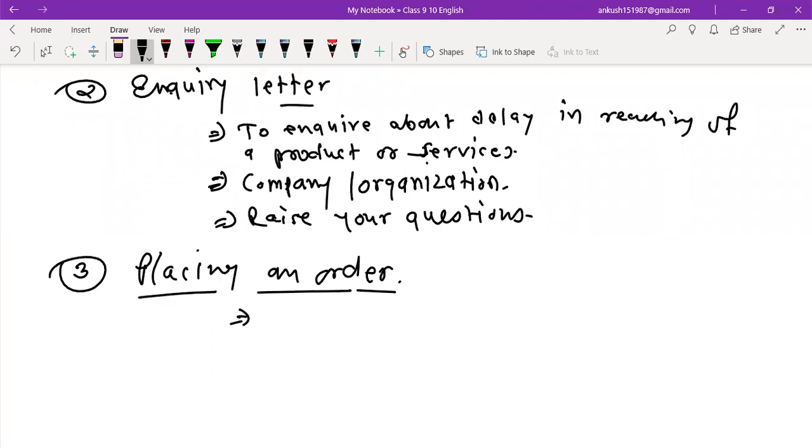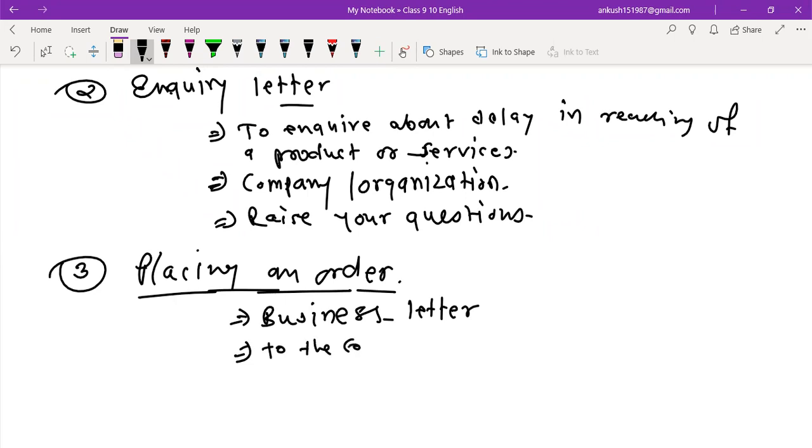So why do we write the order? Actually, whatever these order or placing order letters are, they are related to what? Business. You may say they are business letters. And the customers place orders to the company. So to whom would you write the letter?